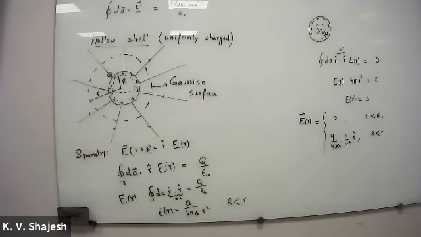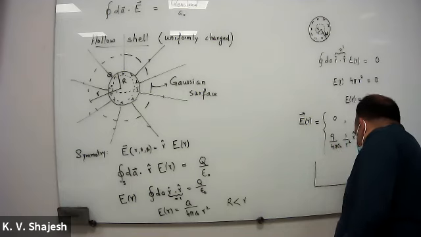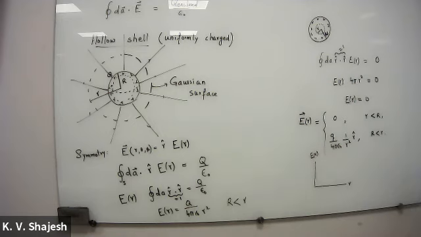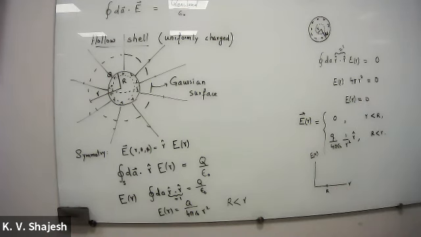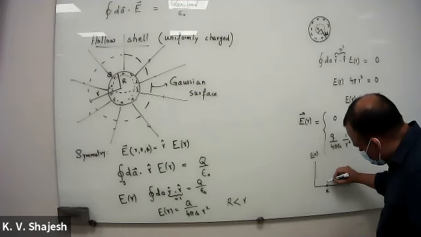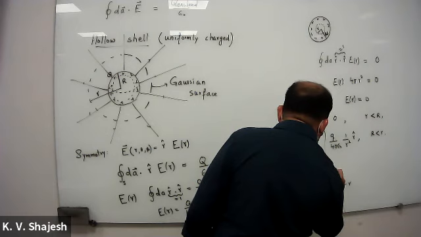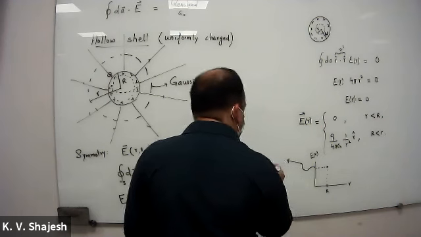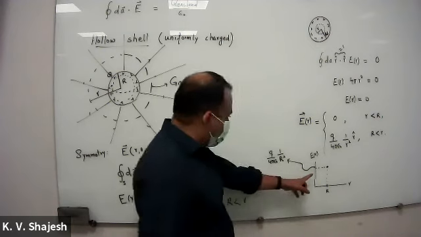That's your electric field. If I were to plot this as a function of r, the magnitude alone, not the direction, then at the radius capital R, this point here is Q over 4 pi epsilon naught over capital R squared.